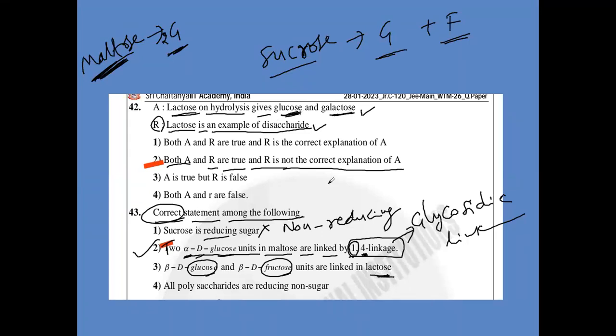Glucose and galactose will be there. Fructose will not be there. So it is incorrect. Next, all polysaccharides are reducing sugars. No, need not be. They may sometimes be non-reducing. So this point is wrong. So only the second option is correct.